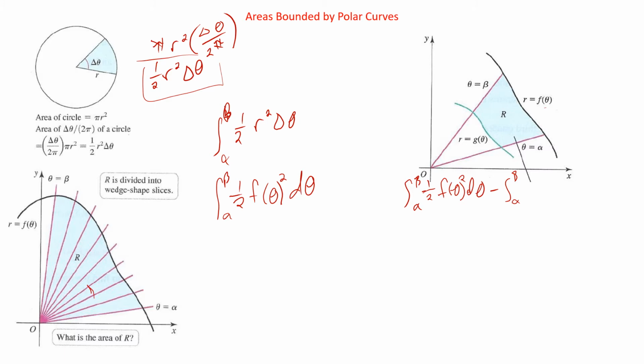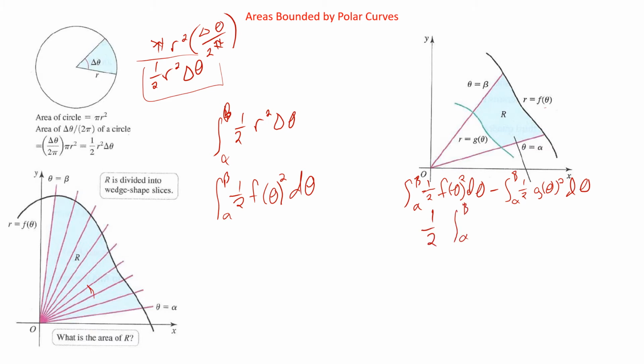And alpha and beta are angles. They're theta values because it's d theta. And this is g of theta. So we have 1/2 g of theta squared d theta. And we can actually write that together because it's subtraction, so we can do the antiderivative of 1 half of f of theta minus 1 half of g of theta. We can factor out the 1 half. We can bring the 1 half out in front of our integral.